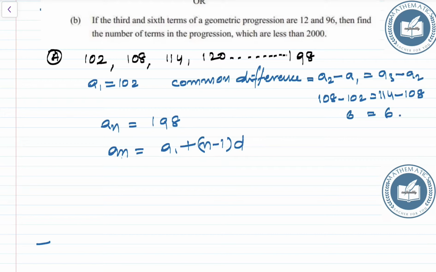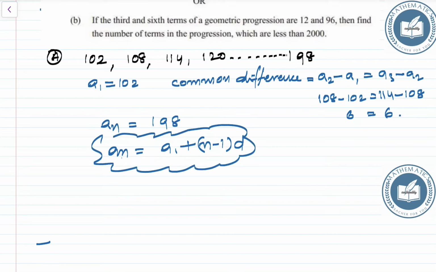This is the formula to find the nth term of the given AP. Substituting the A1 value and d value that I have already written, 198 is equal to 102 plus (n minus 1) times 6.